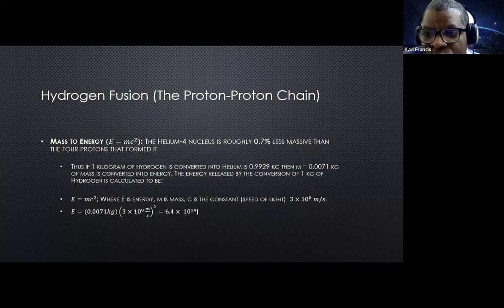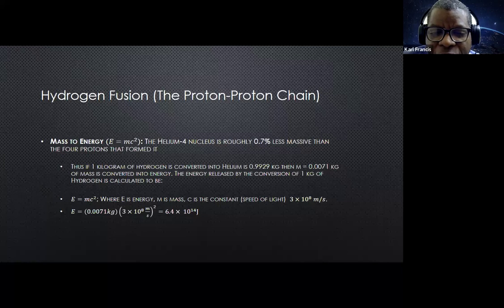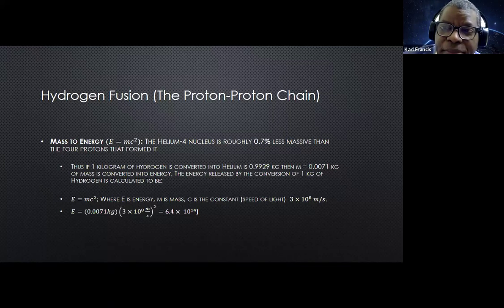That goes against the laws of nature; we can't lose mass somewhere. So what happens? The mass actually gets converted to energy. So 1 kilogram of hydrogen fusing in the star gives you 0.9929 kilograms of helium, and the other 0.0071 kilograms of mass gets converted into energy, as described by Einstein's energy equation.